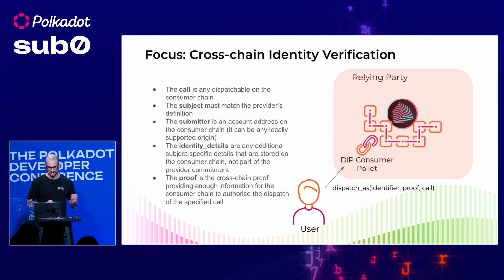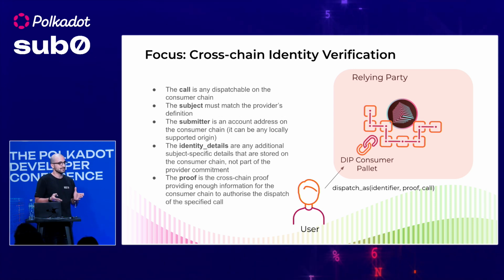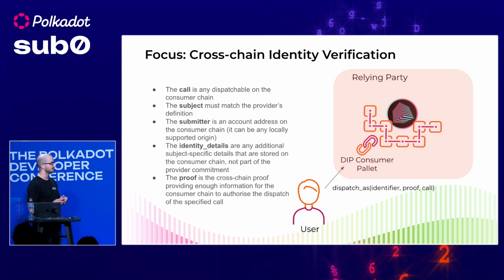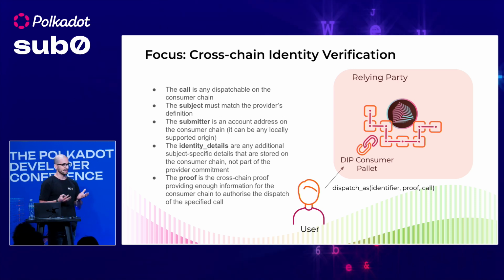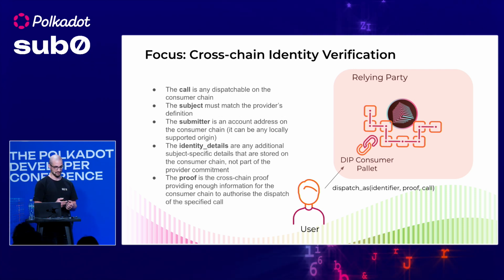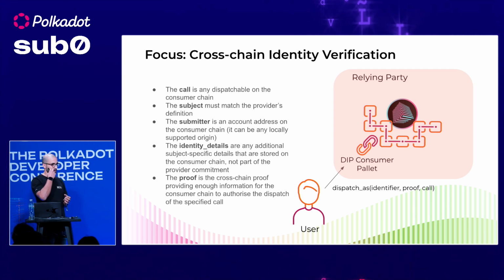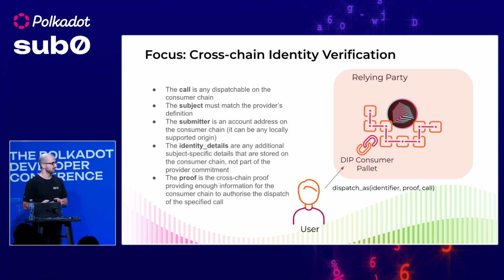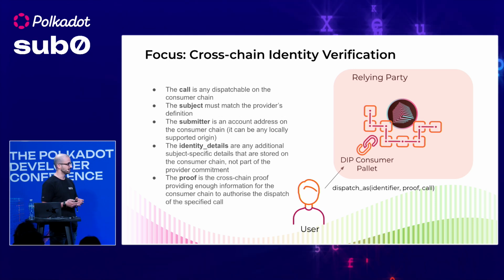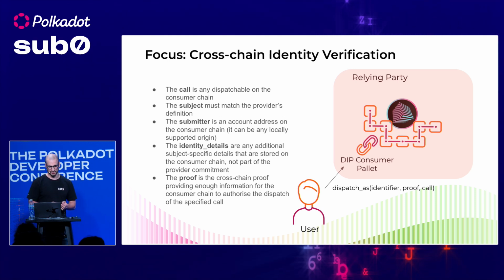We have the subject, which is the definition of what an identity is, and this should match what the provider chain defines as a subject. We have the submitter, which is an account address on the consumer chain that is trying to submit a transaction and pay for the fees. We have the identity details, which are additional details that can be stored about the subject on the consumer side, and I will explain why they're there. And then we have the generic proof, which is defined by the proof verifier logic.